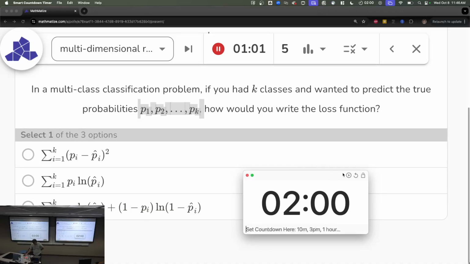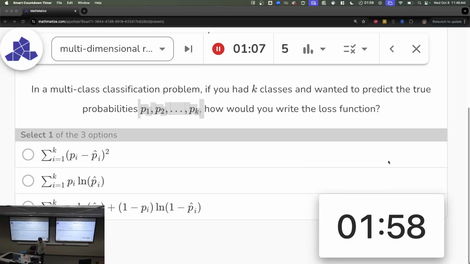Feel free to chat with your neighbor or write down some hints. Remember, this is a likelihood. Can you write down the likelihood of the things that you would see?